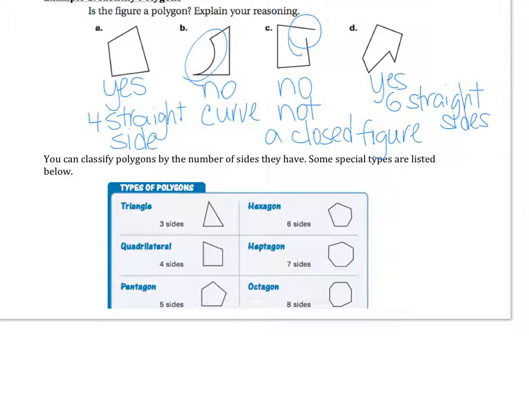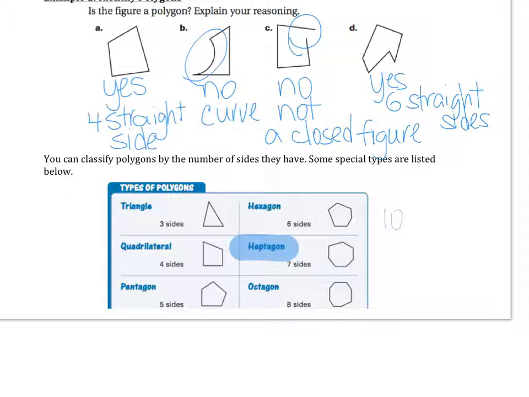Once we know that it is a polygon, we can then classify it or name it by the type. So 3 sides are a triangle, 4 sides a quadrilateral, 5 sides a pentagon, 6 sides a hexagon, and 7 sides, we want to make sure that we call that a heptagon, not a septagon, a heptagon, and 8 sides an octagon.